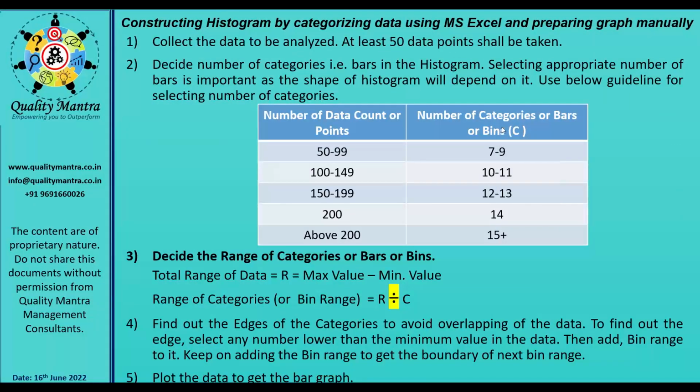The number of bins to be selected depends on the number of data you are going to use for preparing the histogram. And then the bin range will be calculated based on this formula, that is R divided by C, that is range, the minimum and maximum value in your data set, divided by the number of bins.